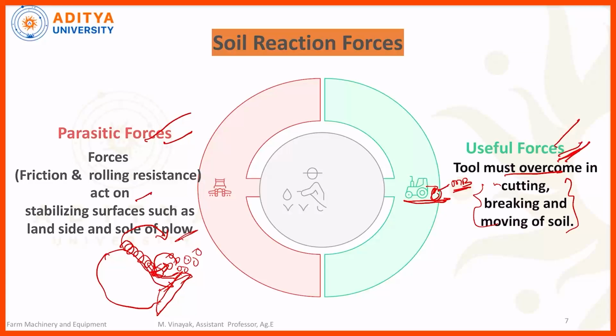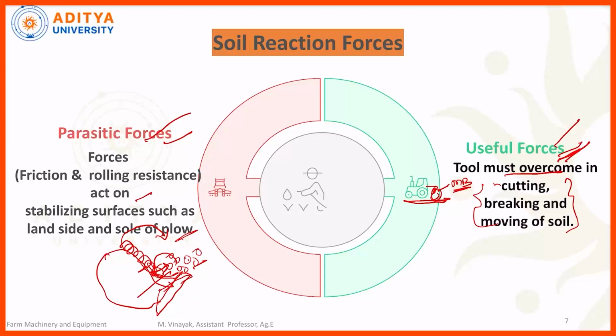The useful force should overcome cutting, breaking and moving the soil. Parasitic force is nothing but the frictional force between the soil and the tillage tool, as well as rolling resistance where the soil particle needs to move. Okay. The soil particle not only interacts with the moldboard flow, it also interacts with the landslide, the sole of the moldboard.